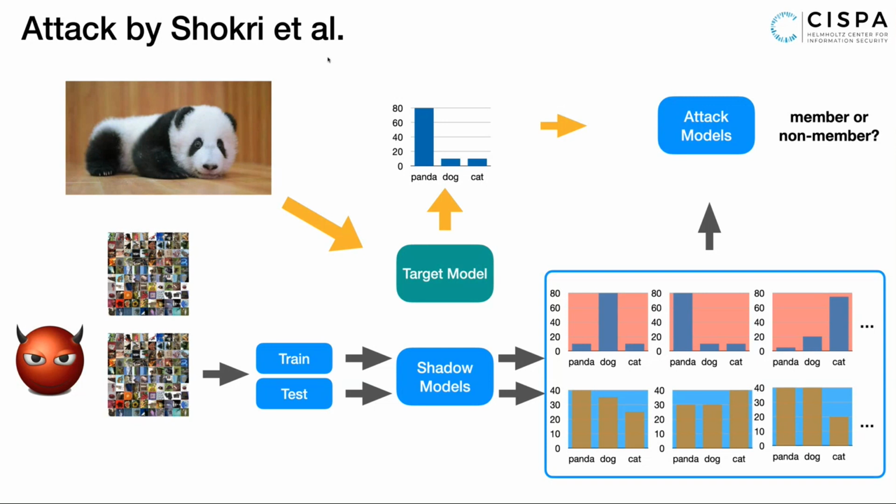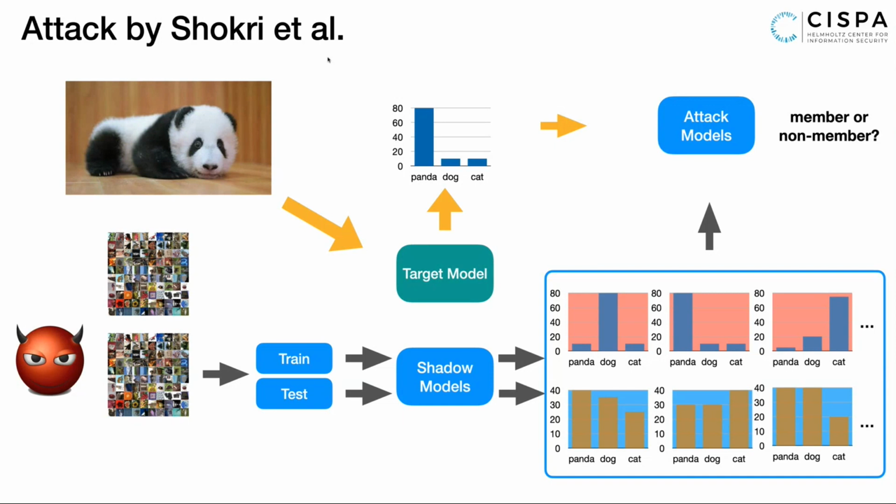By the way, if you work in this field, security, privacy, especially privacy of machine learning models, no matter whether you are doing a membership inference attack, a property inference attack, a model inversion attack, or even a model stealing attack, your attack's architecture is always more or less like this. You always need shadow models.